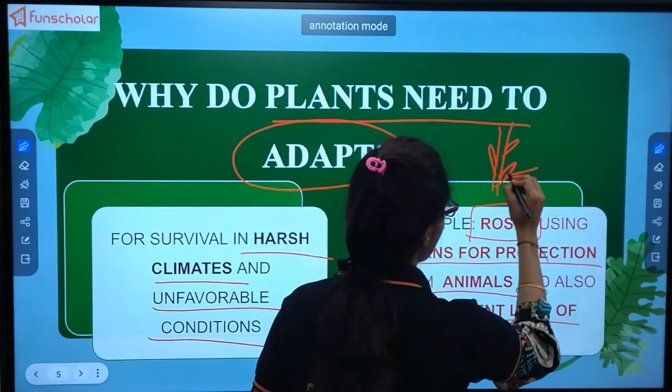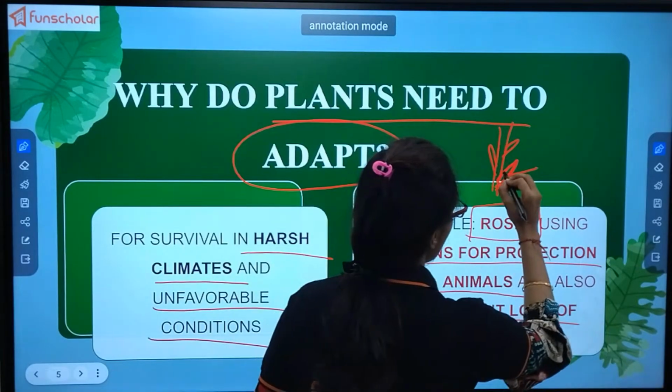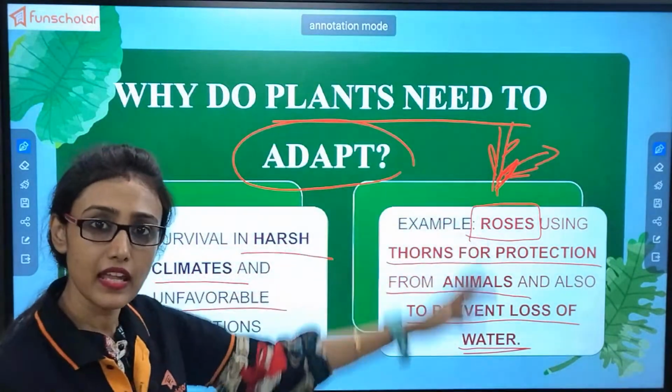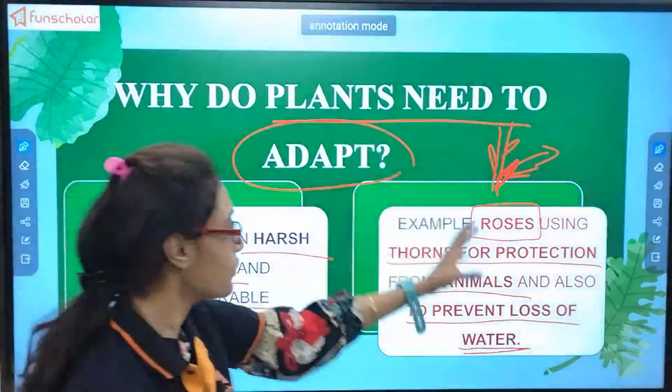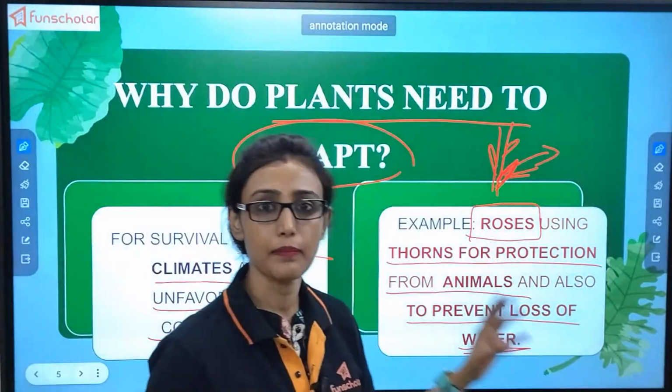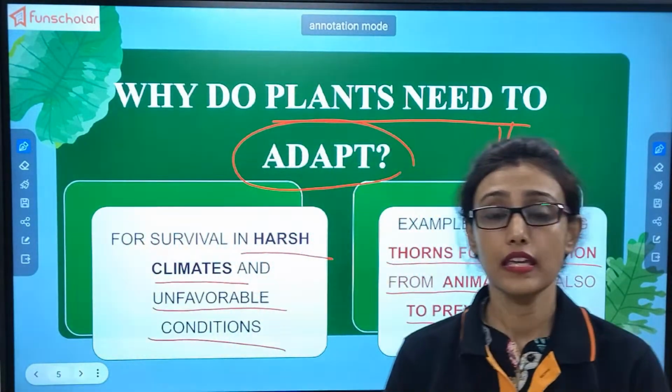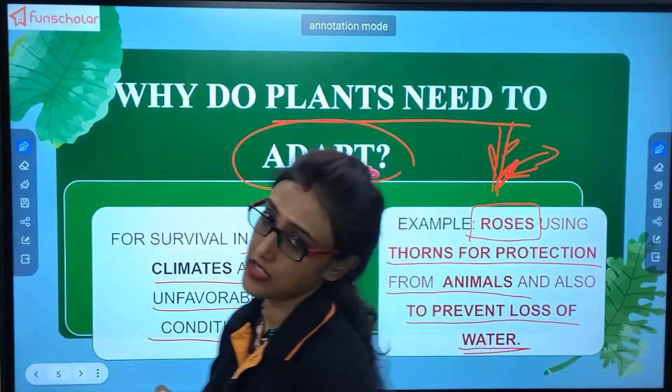See, these are so tiny structures, so loss of water from this region is very low. So roses are actually plants that are adapted for growing in harsh weather conditions.